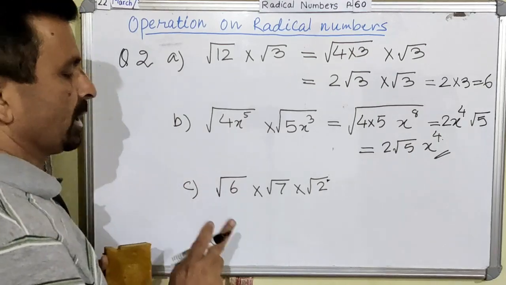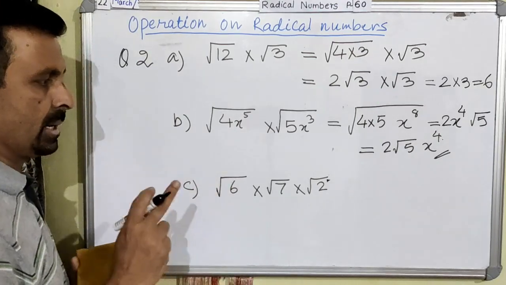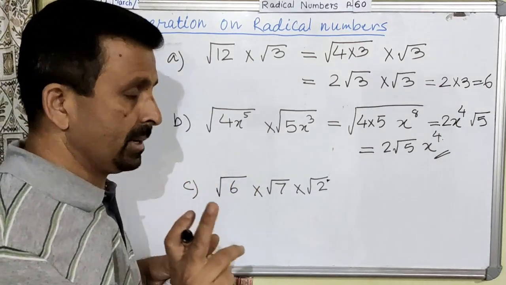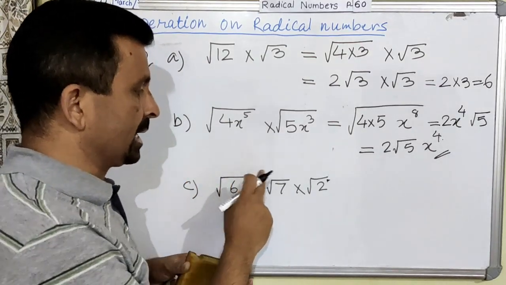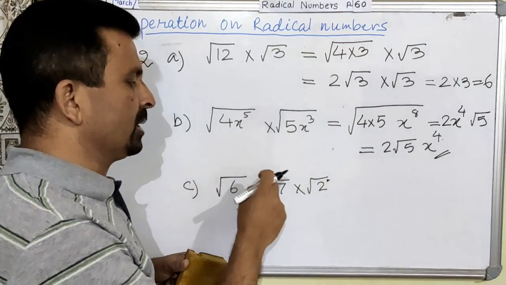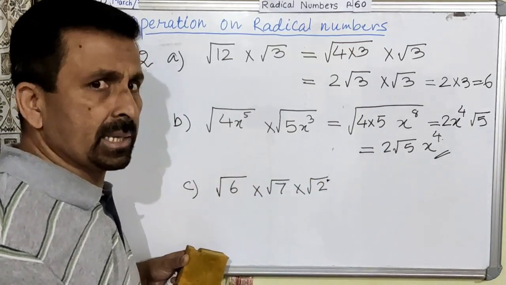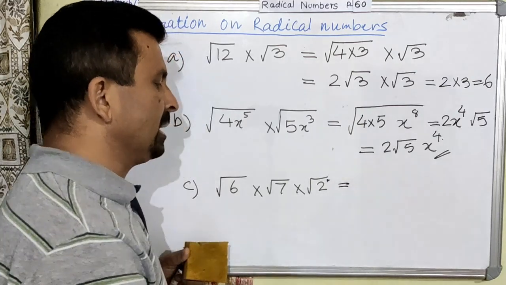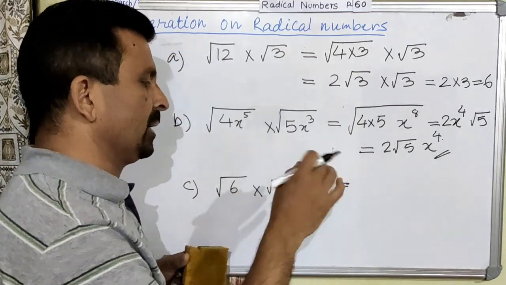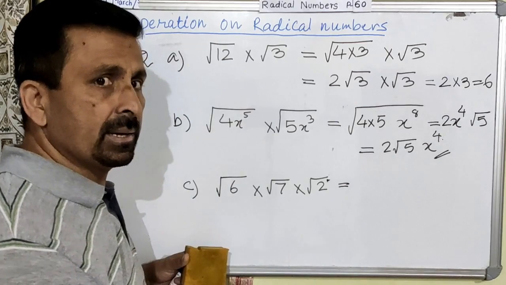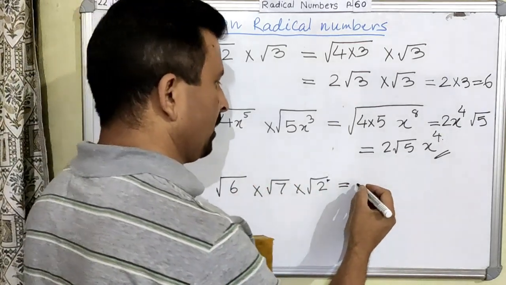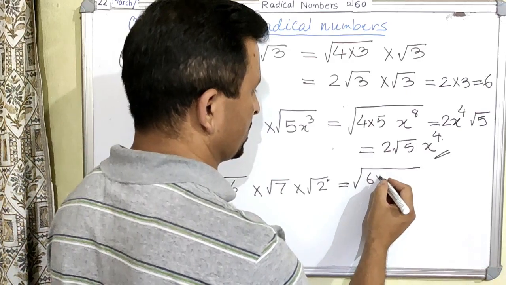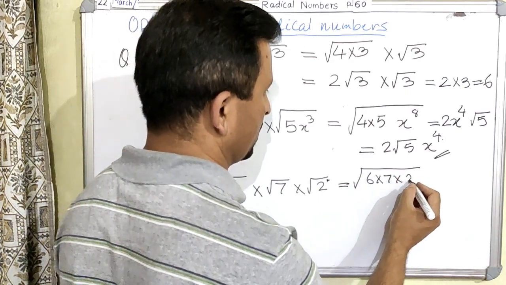Now, what I told you, in the multiplication or division, if the radical signs are same, please be very mindful, only when the radical signs are same, then no need of using this radical sign for 3 times. No, we can have a common radical sign and all this number will come in the form of product under the radical sign. So we will write this as 6 into 7 into 2.